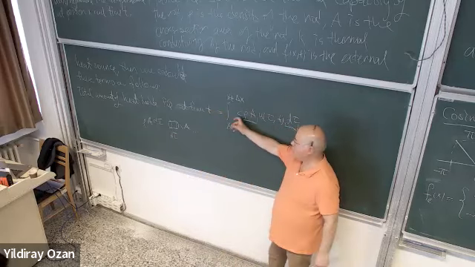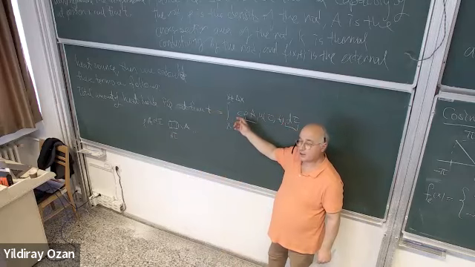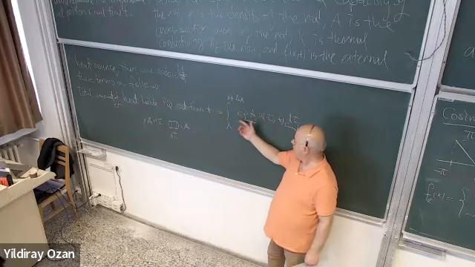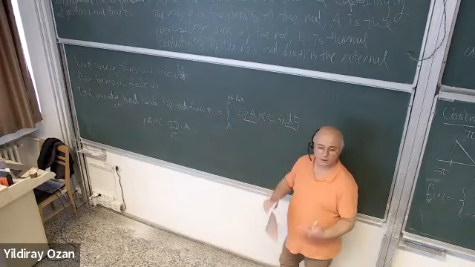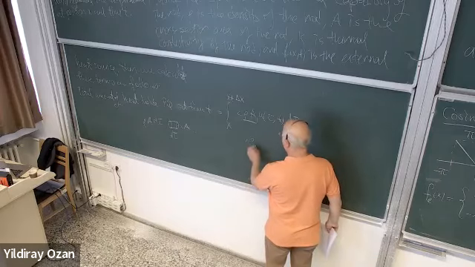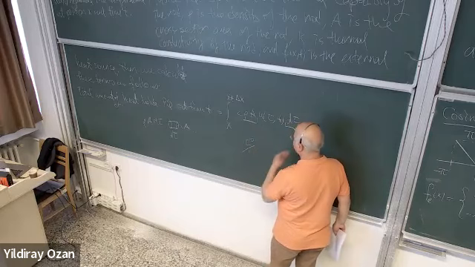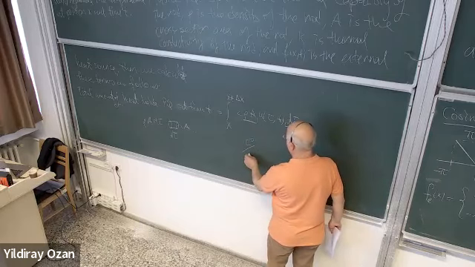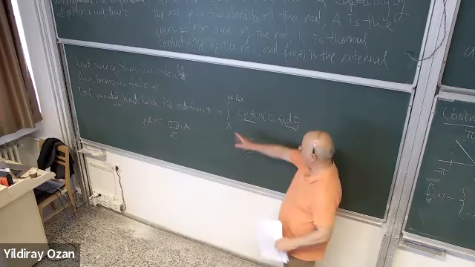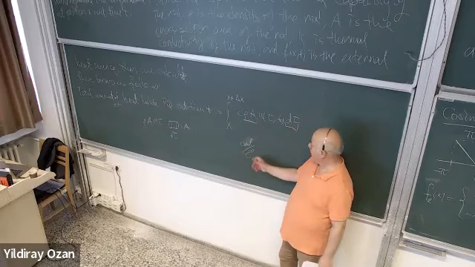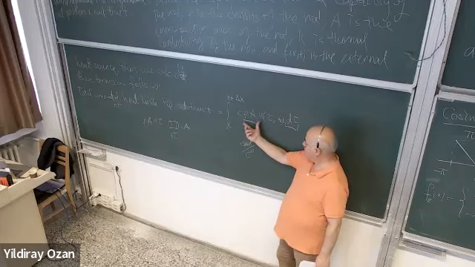So it corresponds to what? The unit should be calories divided by temperature, the energy divided by temperature, and this is the temperature times the mass.